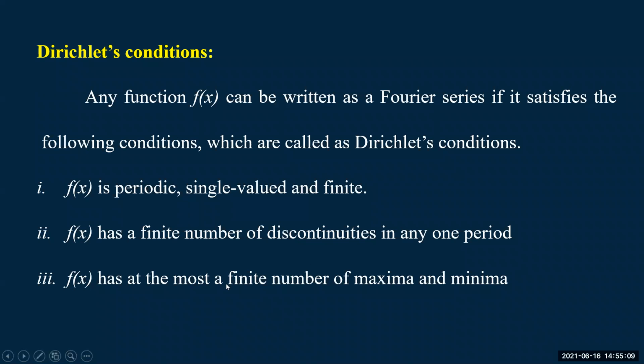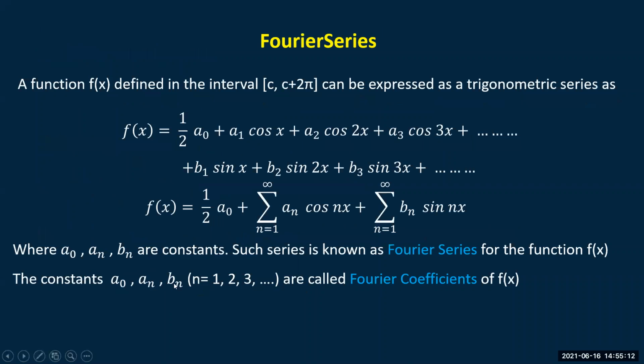Now let me mathematically define what is actually a Fourier series. As we are discussing, a function f of x defined in the interval c comma c plus 2 pi can be expressed as a trigonometric series. Understand? Since all these are trigonometric functions, we are calling it a trigonometric series. Moreover, you see what functions we are using here, both sine as well as cosine functions.